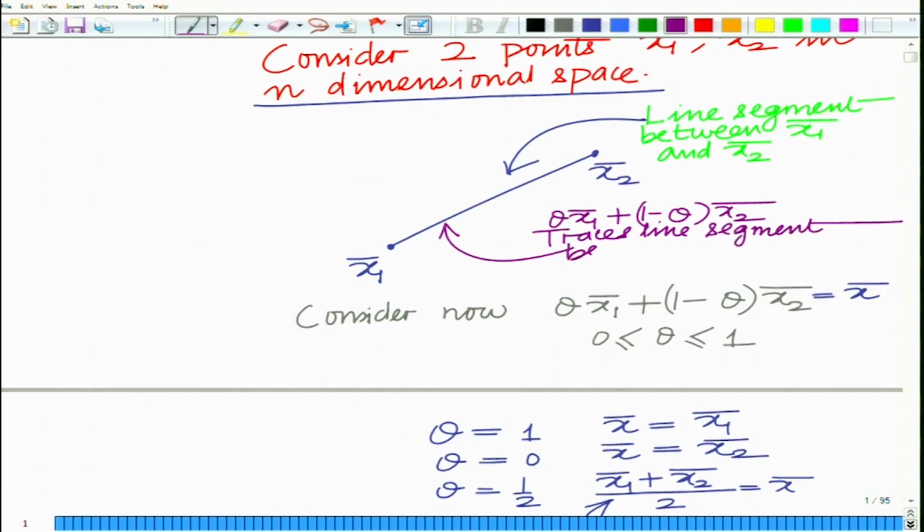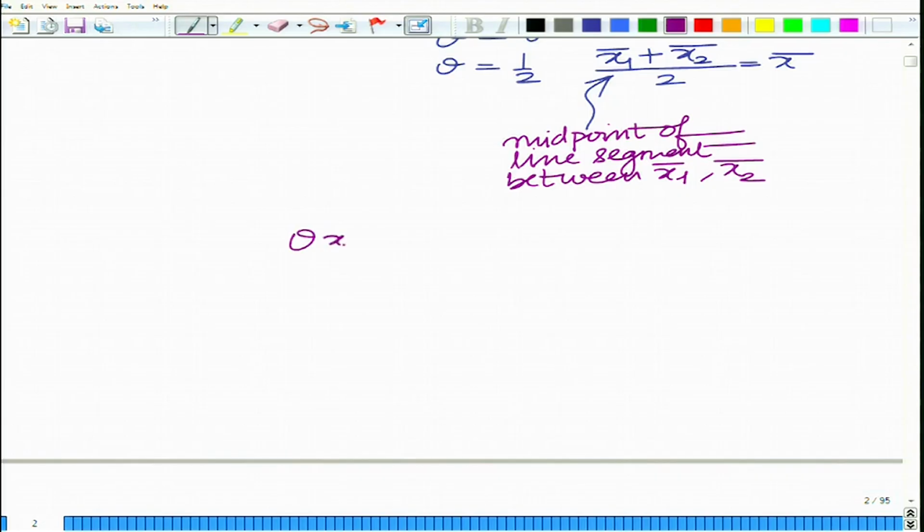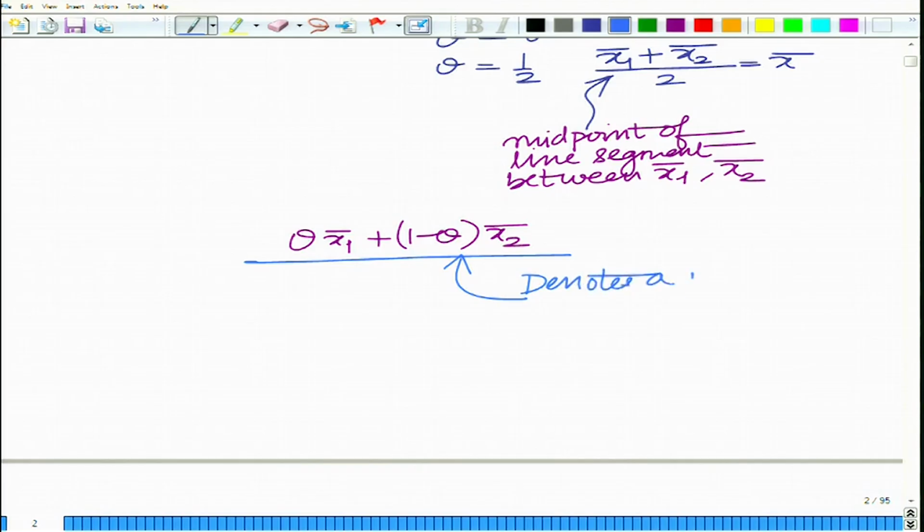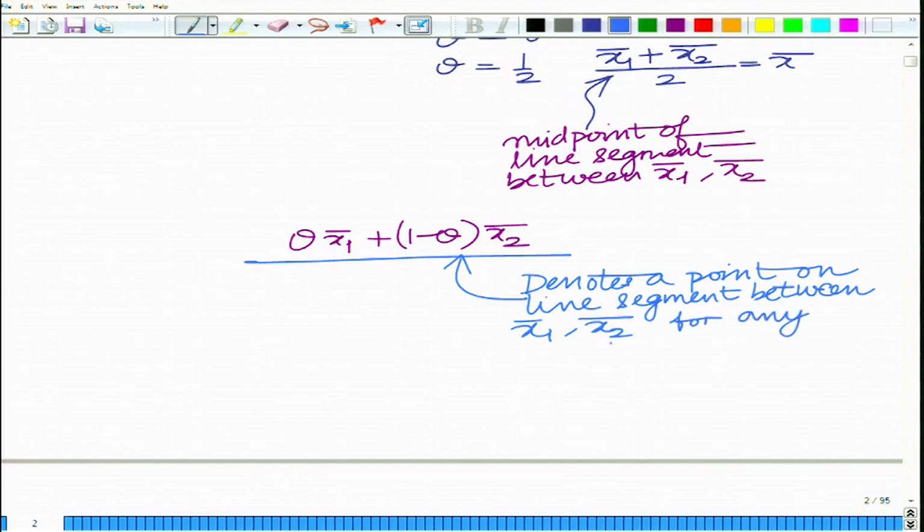If you look at this combination, which is also termed a convex combination, it denotes a point on the line segment between x1 bar and x2 bar for any particular value of theta lying between 0 and 1.